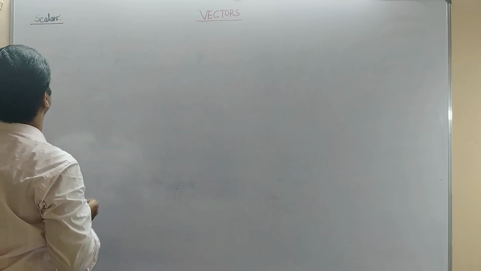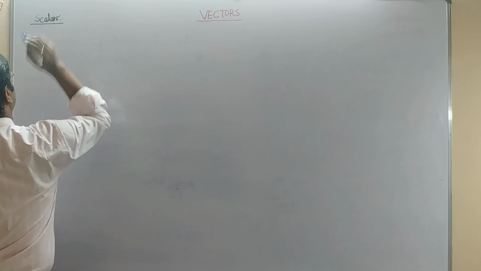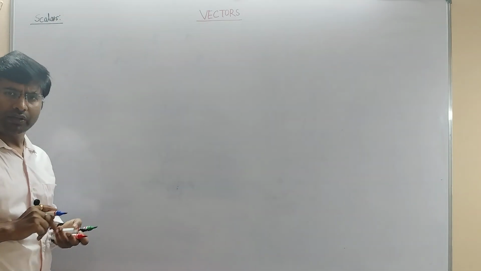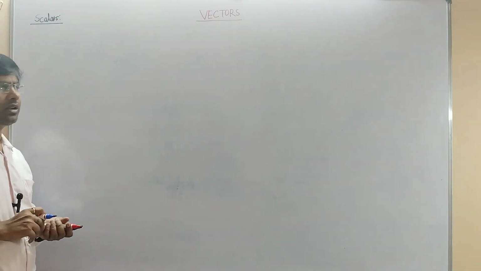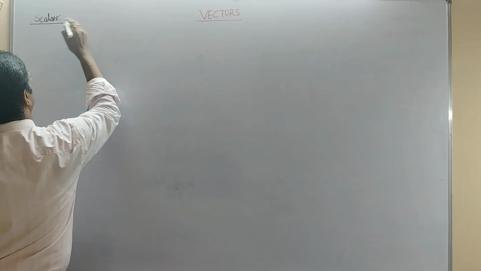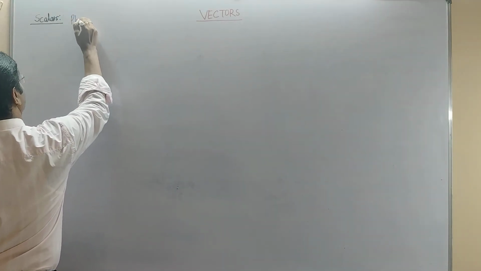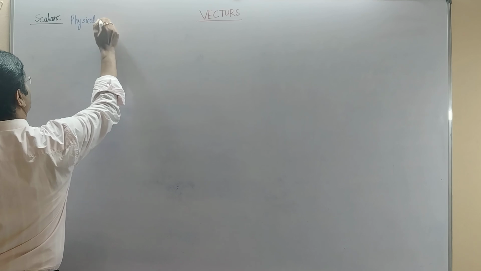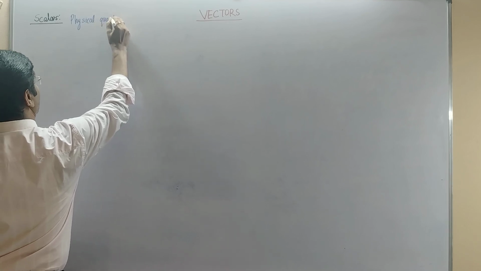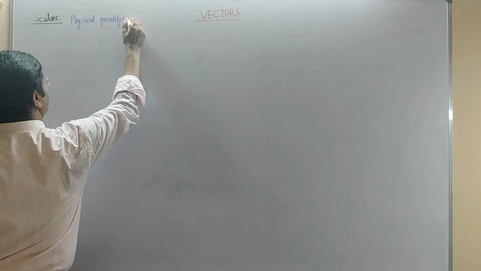So scalar, this is physical quantities. What is physical quantities? Physical quantity term is coming here. Let me define first, then I will explain. Physical quantity, in shortcut I will write PQ only.